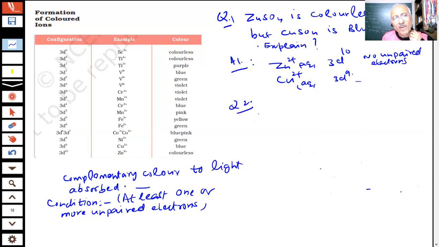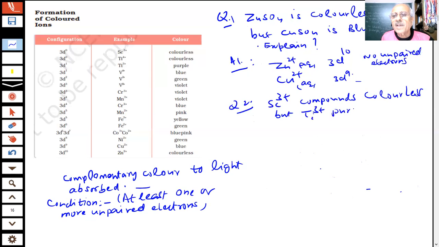Unpaired electrons: we have told you one very simple thing to answer a lot of questions, students. Now we are saying scandium 3+ compounds are colorless, but Ti3+ is purple in color.